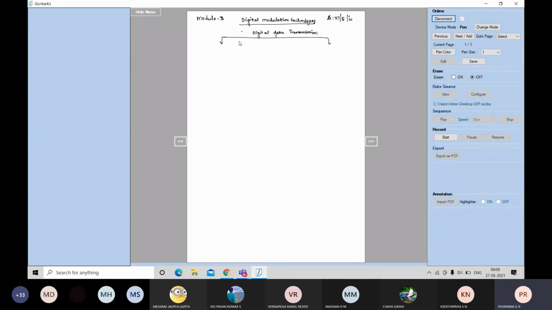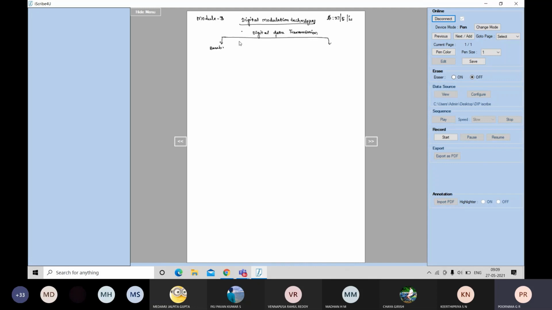So till now, what we used to discuss is analog communication and digital communication. In analog, continuous signal we used to transmit, whereas in digital we used to convert this analog signal into a digital signal, and thereby we used to transmit. But again, if you go for digital data transmission, there are two types you can see.